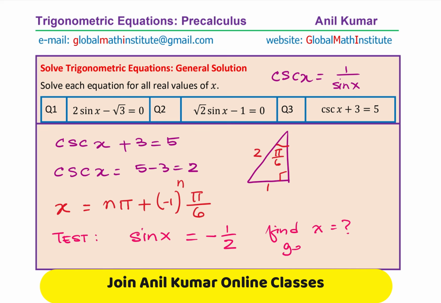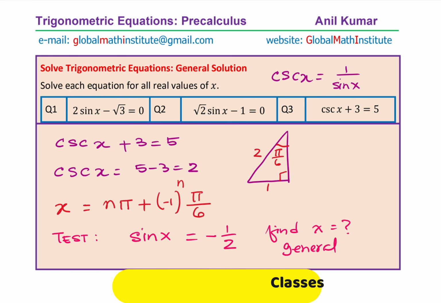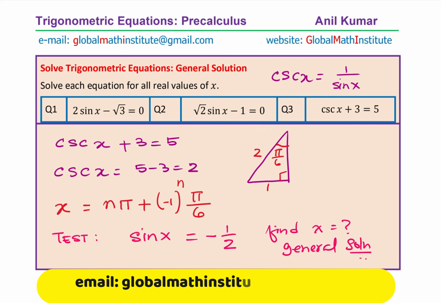General solution. Make sense? So it is minus half, remember? So the solution will lie now in quadrant 3 and in 4. If that is the case, then how do you write the answer? That is what you need to figure out. We'll discuss this in one of our videos later.